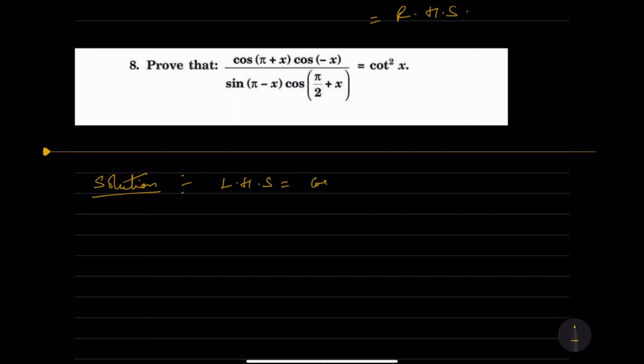Solution part. LHS is equal to cos(π + x) into cos(−x) divided by sin(π − x) into cos(π/2 + x). We have even and odd functions formulas. Cos(π/2 + x), that is 90 plus theta.